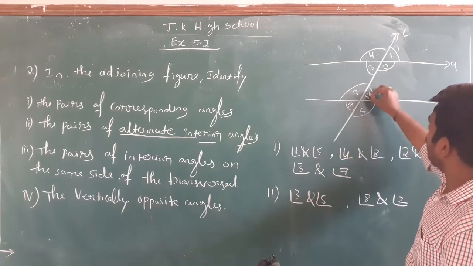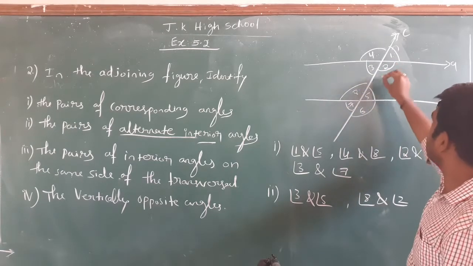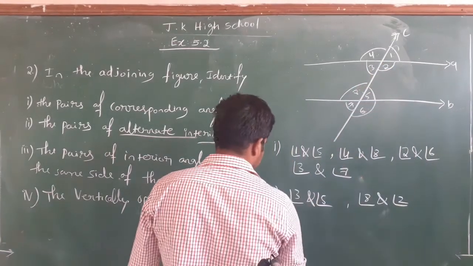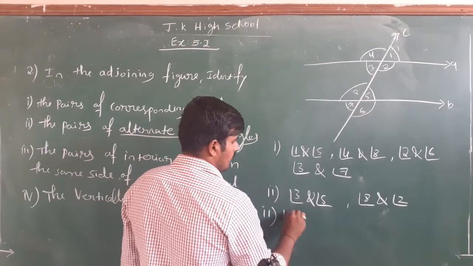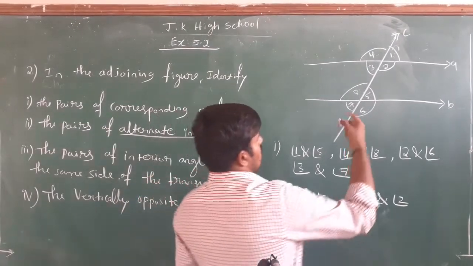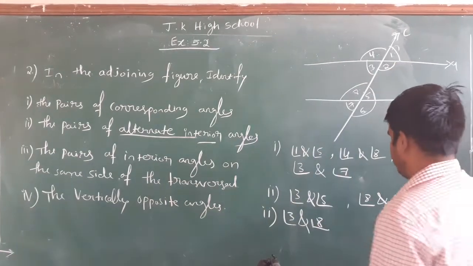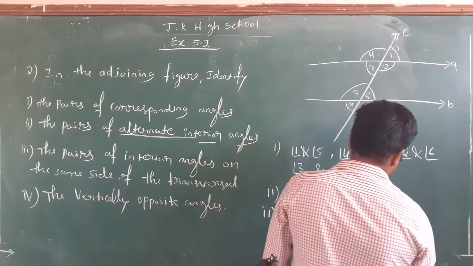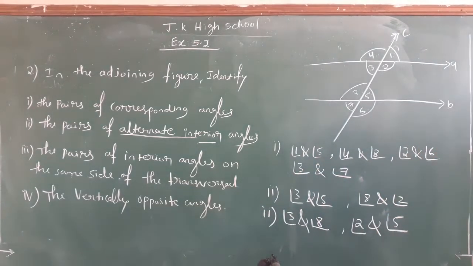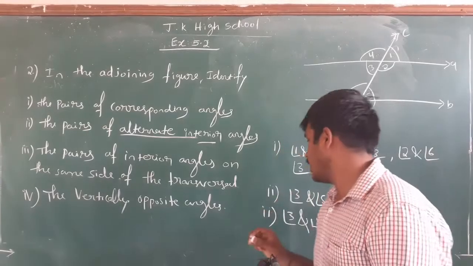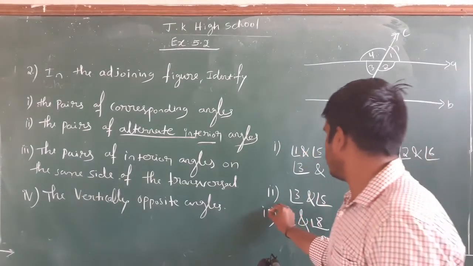Among 1, 2, 5, 6, which are interior? 2 and 5. Therefore our answer is angle 3 and angle 8, and the second pair is angle 2 and angle 5. They are the pairs of interior angles on the same side of a transversal line.